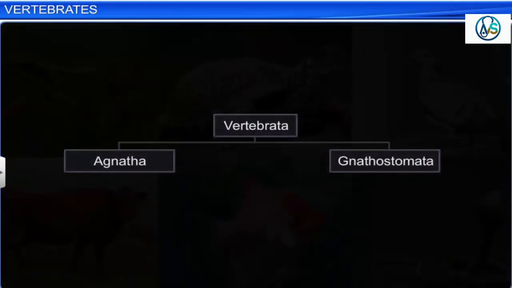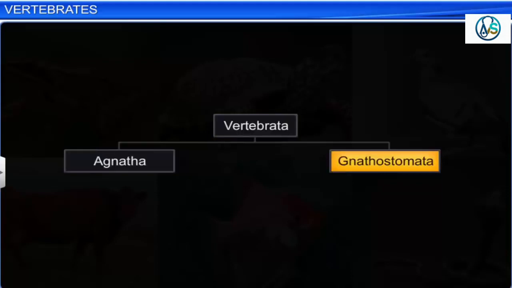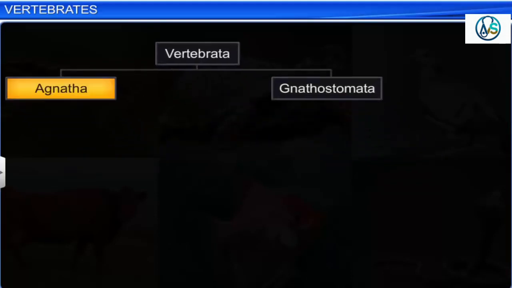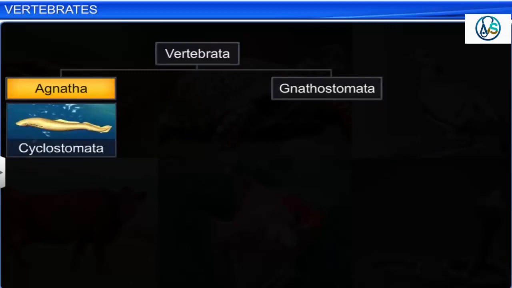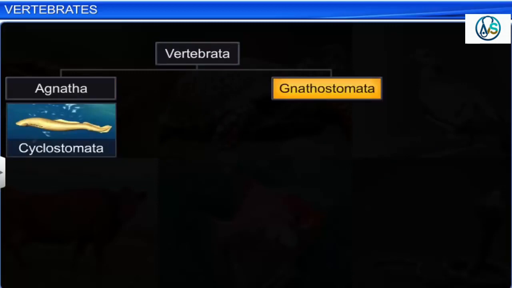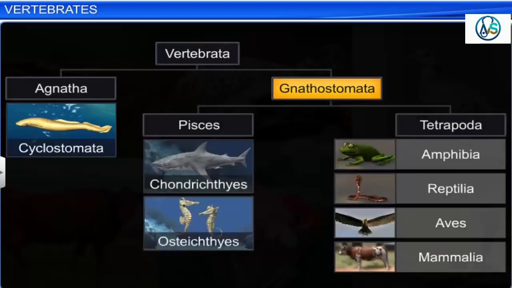Based on the presence or absence of jaws, vertebrates are classified into two divisions, agnatha and gnathostomata. Agnatha includes jawless vertebrates, while gnathostomata includes jawed vertebrates.